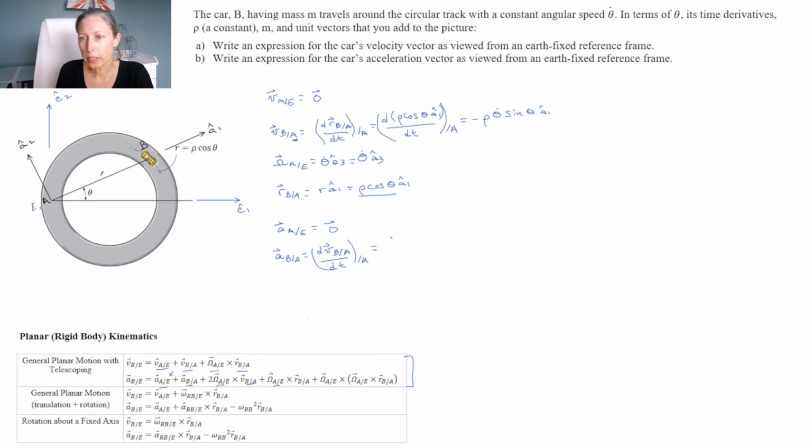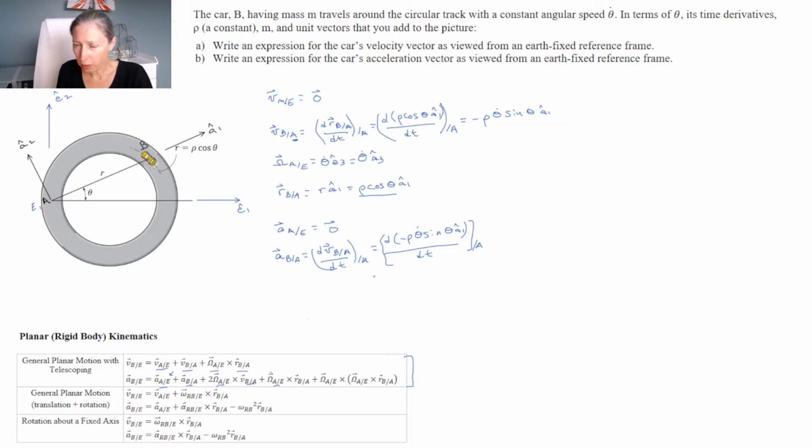So we can plug in the expression we just found. This is going to be the derivative of negative rho theta dot sine theta A1 dt, taken in the A reference frame.